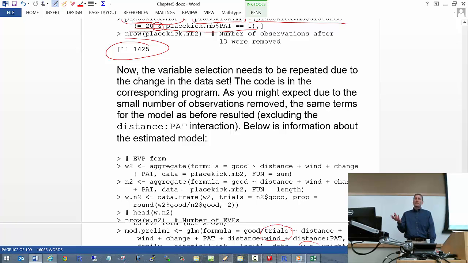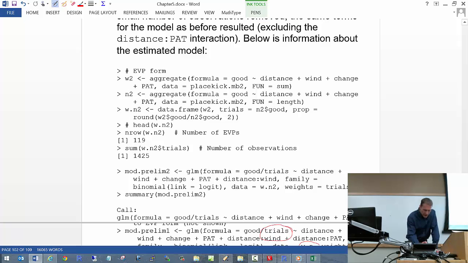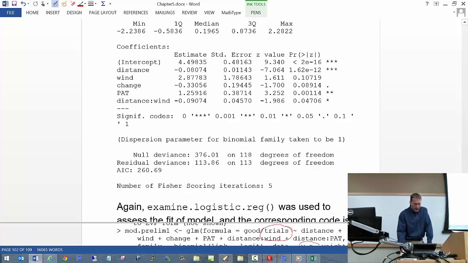But as you might expect, since we removed very few observations, the model that we get in the end is going to be essentially the same as what we just saw, but without the distance and PAT interaction. So that's good. So what I do here is I just put the data into the explanatory variable pattern form again, similar to what we've done. I estimate the model. Here are all my beta hats.